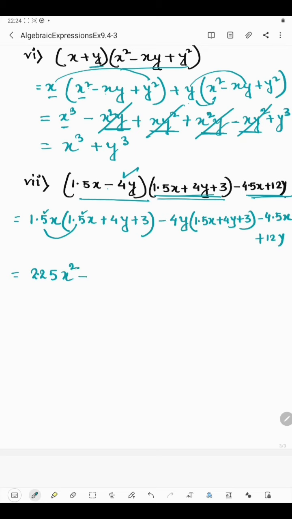plus, now 1.5x will be multiplied by 4y. Now if you ignore the point here, 1.5 will become 15. Now 15 4s are 60. Okay, 60. Now after point 1 digit, so here also we will have to put the point after 1 digit.